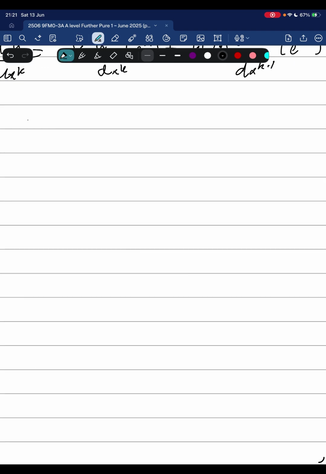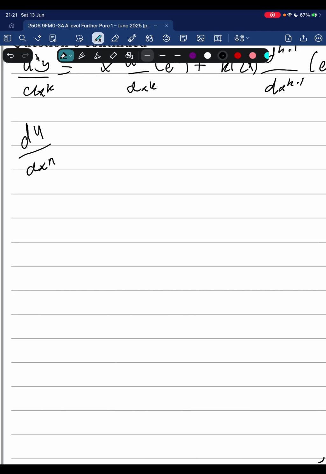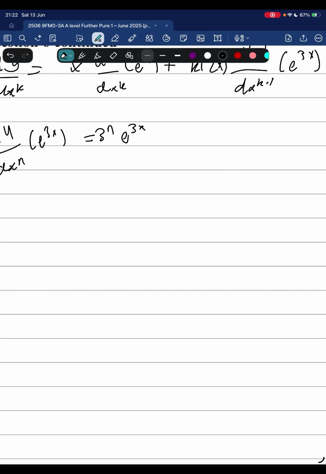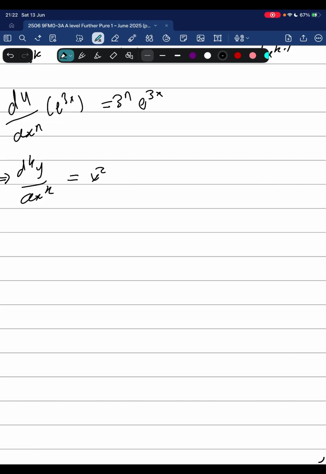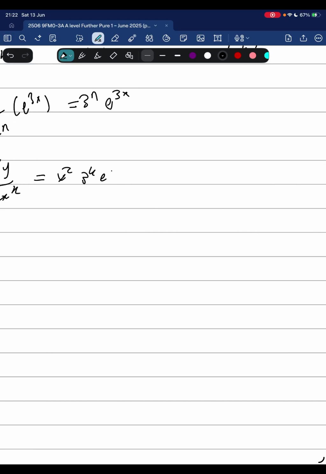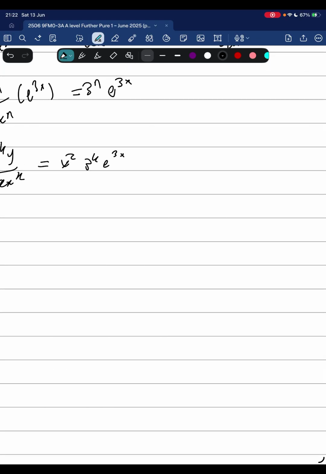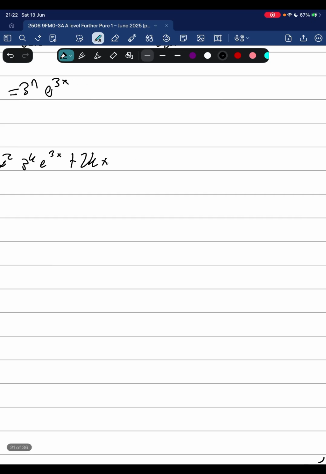And now d^n by dx^n of e to the 3x is 3 to the n e to the 3x. So d^k y by dx^k is x squared 3 to the k e to the 3x, plus 2kx 3 to the k minus 1 e to the 3x, plus 2 times k choose 2 times 3 to the k minus 2 e to the 3x.